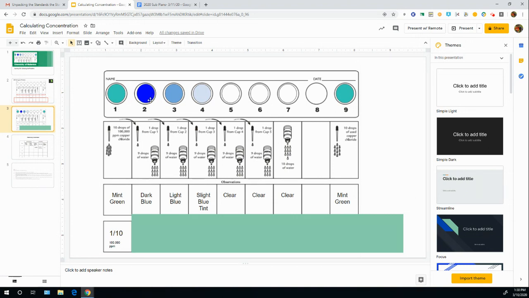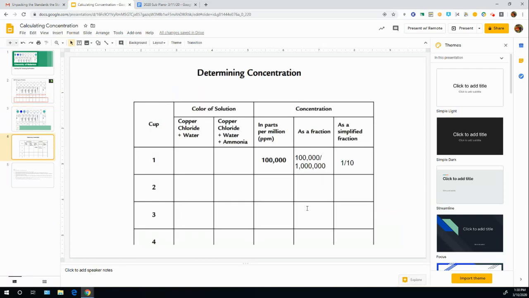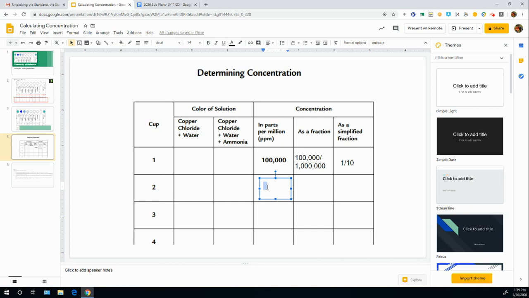And let's determine and solve the concentration for cup number 2. Remember that in cup number 2, what you did is you took 1 drop from cup number 1 and placed it into cup number 2 and then added 9 drops of water. To determine the concentration for this cup, what you are going to need to do is to jot down the parts per million.